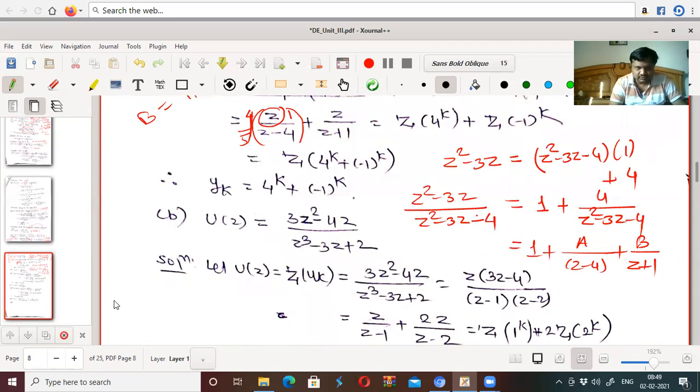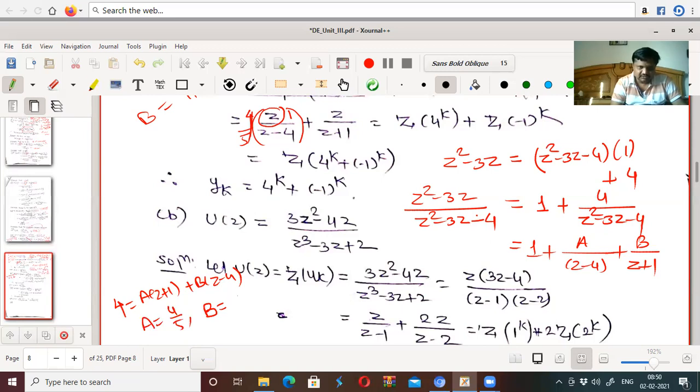4 into 4 equal to a into z plus 1 plus b into z minus 4. So if I put z equal to 4, you will get the value of a as 4 plus 1, 5. A is equal to 4 by 5. And if I put z equal to minus 1, a becomes 0. Minus 1 minus 4, minus 5.